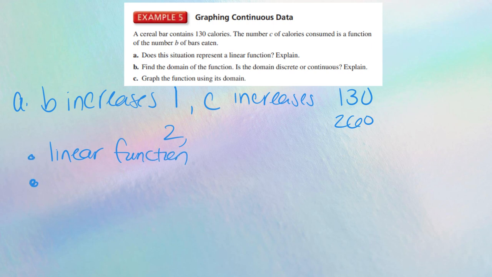Is it continuous or discrete? It's going to be continuous. Why is it continuous? What's the difference from the discrete? Why do you think it's continuous?